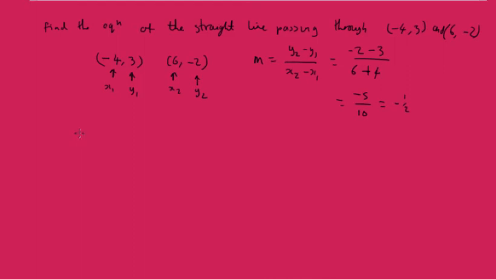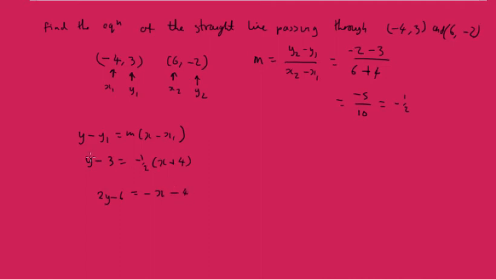So we're going to use the general equation again, y minus y1 equals m times x minus x1. And we'll just use the coordinates for x1 and y1. So we'll have y minus 3 equals -1/2 times x minus -4, which is going to become +4, and then if we expand all that out, we'll get 2y minus 6 equals -x minus 4.